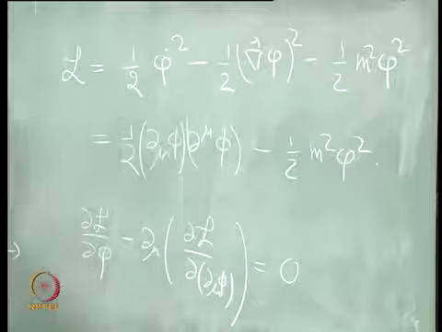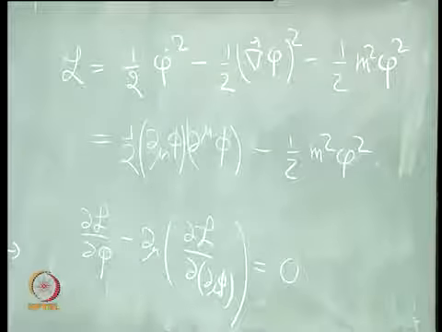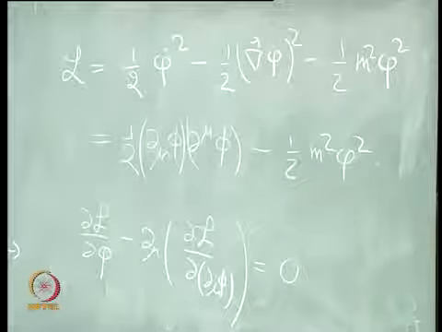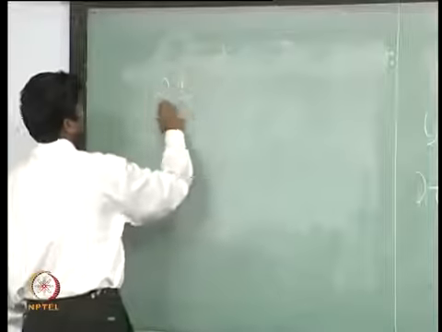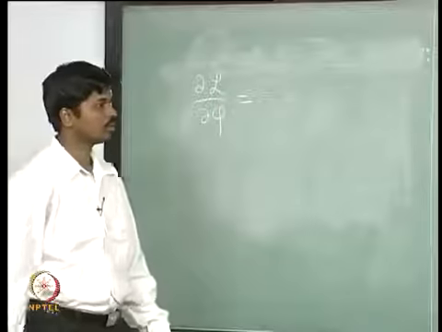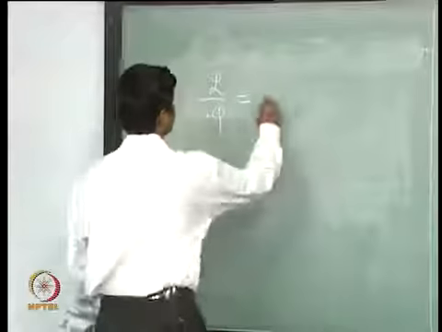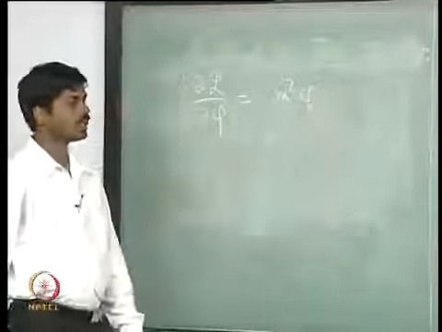So, let us derive each of the terms. Del L over del phi is equal to minus m square phi.